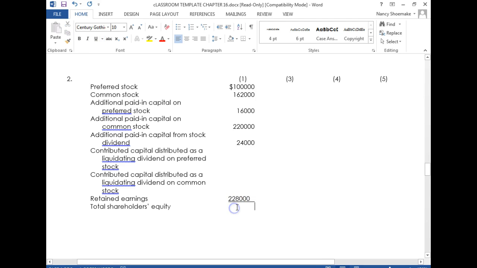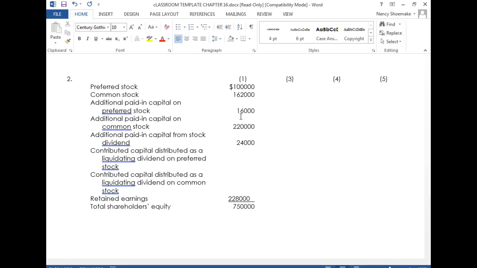We started with 750, and we're going to end with 750. We're just altering the numbers, taking it out of retained earnings and transferring it over to increase our common stock and our additional paid in capital. Any questions on that? We're basically taking each of those scenarios and showing how the stockholders' equity section changed.